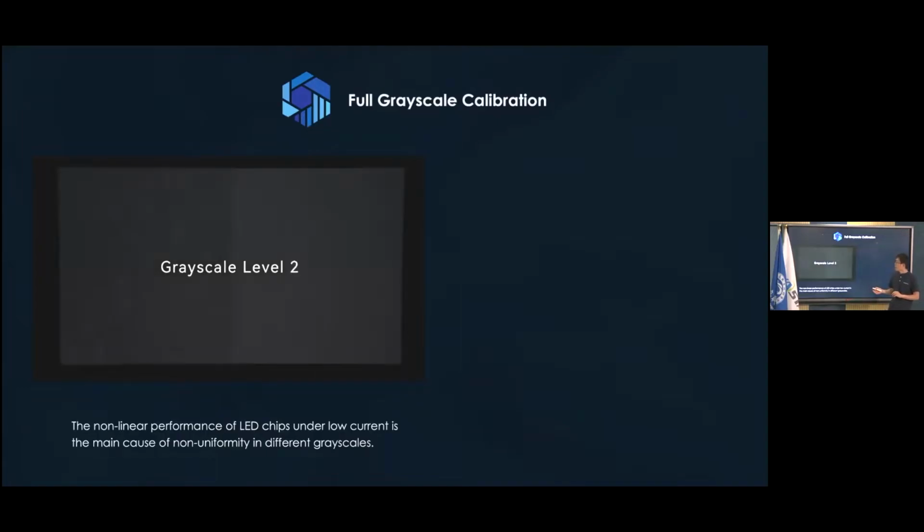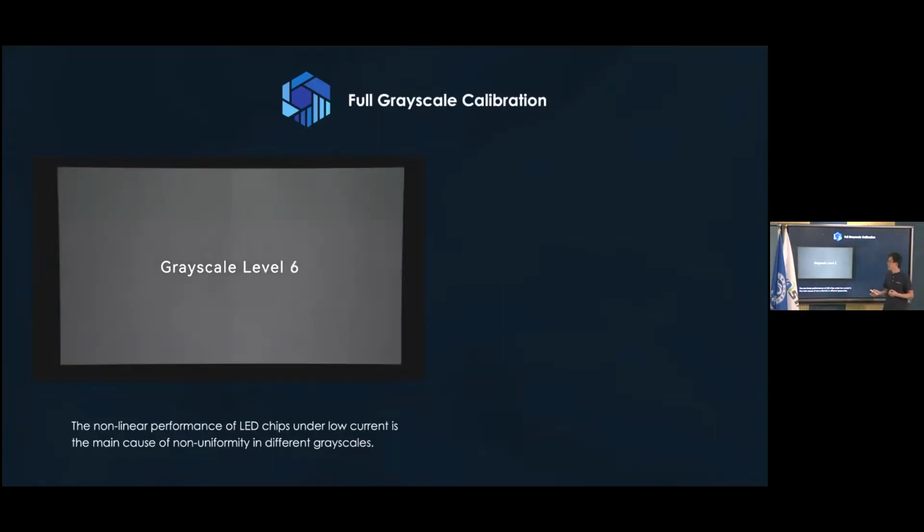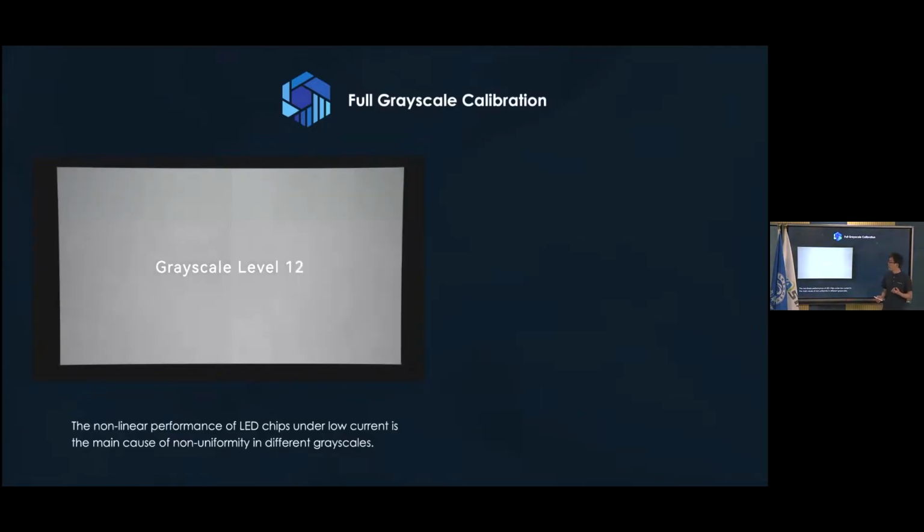Here is also a short video to demo the display performance. The left side is traditional one-layer calibration, and the right side is with full grayscale calibration. You can see in low brightness, in low grayscale, the right side with full grayscale calibration performs better than the left one.